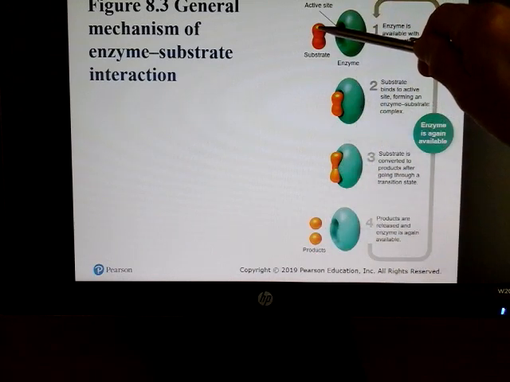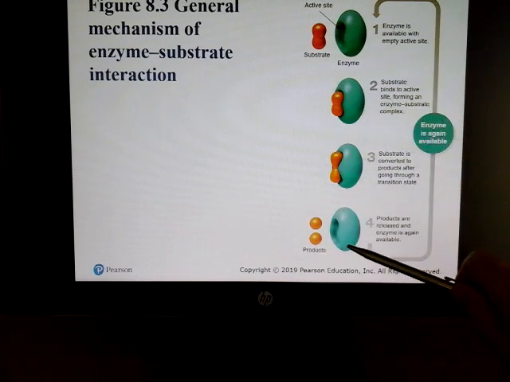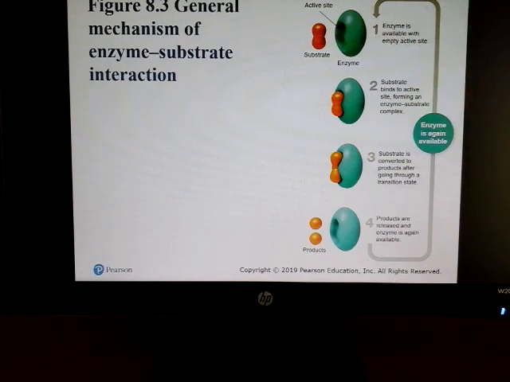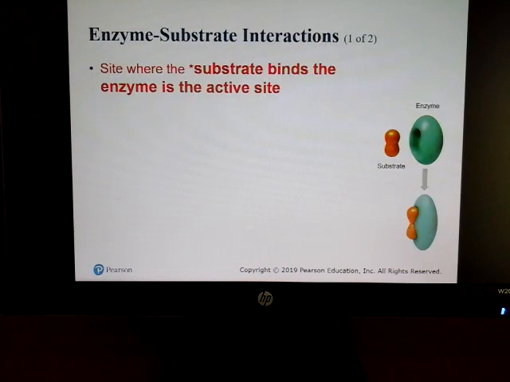So you're breaking down one big compound into two smaller ones, and then the enzyme is available again to continue the cycle. So they're not used up in reactions. So please know that the site where a substrate binds the enzyme is called the active site.